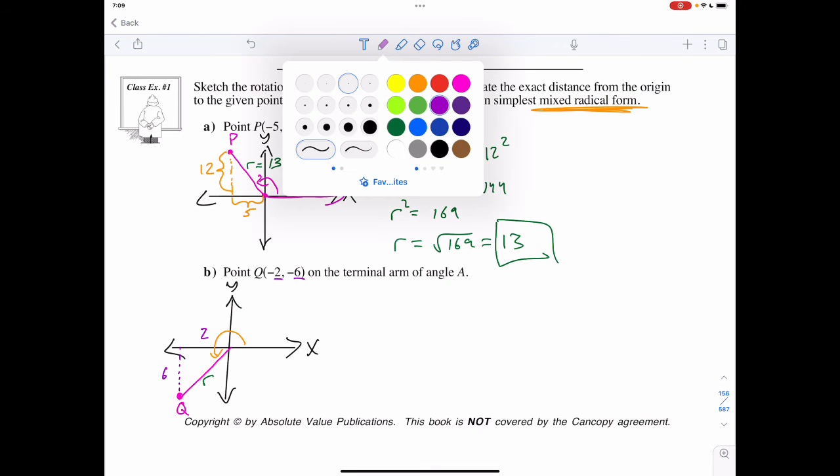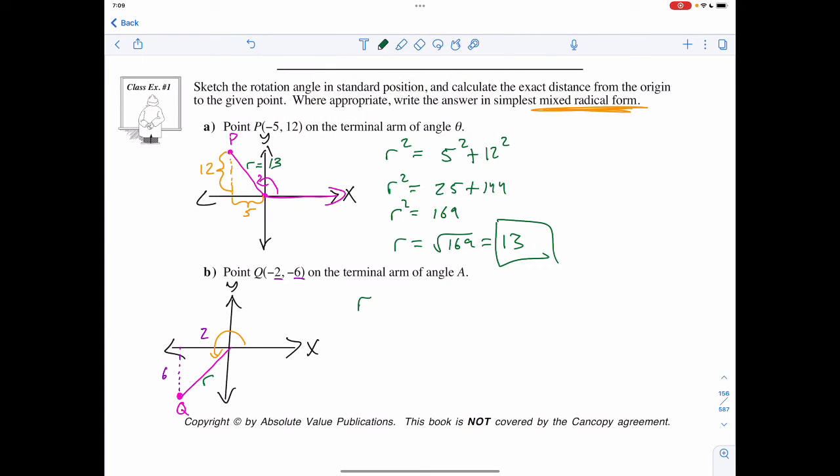So my r squared is going to equal 2 squared plus 6 squared, or r squared is going to equal 4 plus 36, which is going to be 40. R is going to equal the square root of 40, but 40 isn't a perfect square, so all I can do is simplify the radical to 2 root 10.